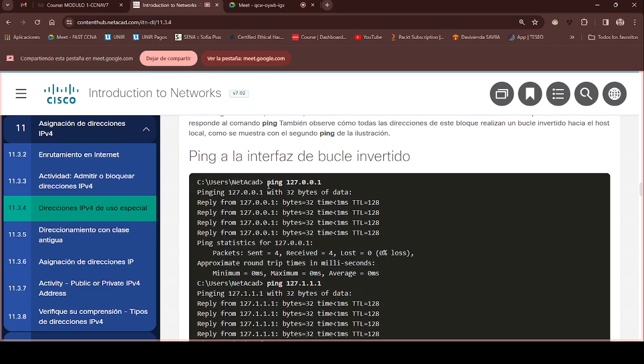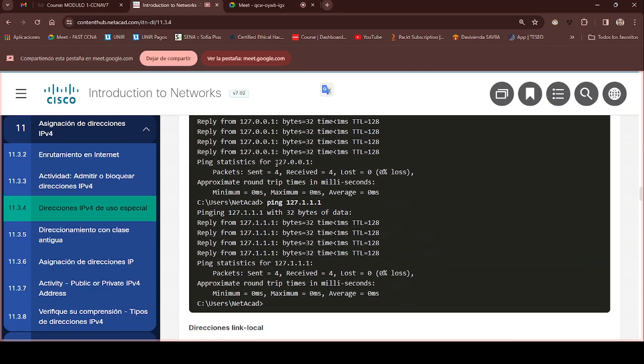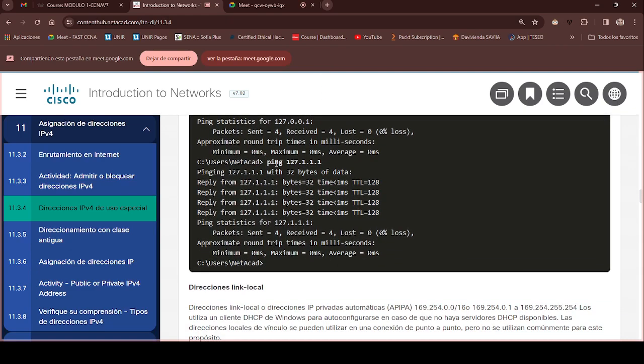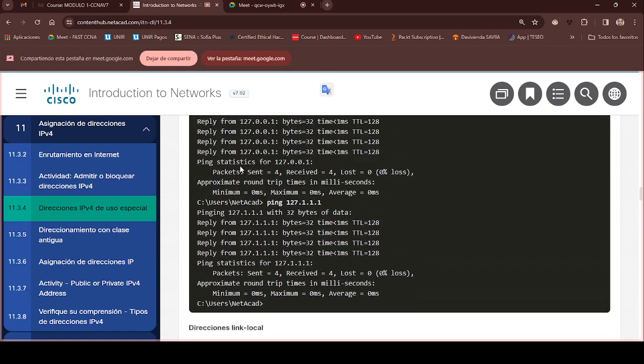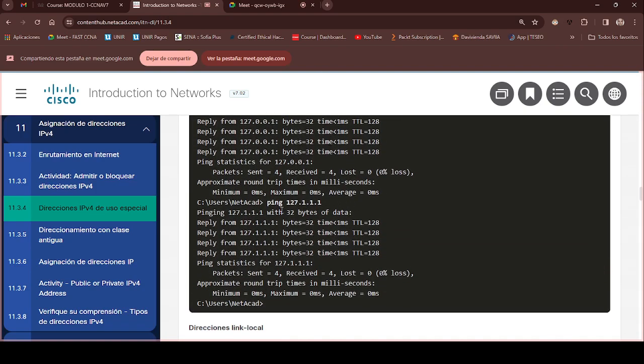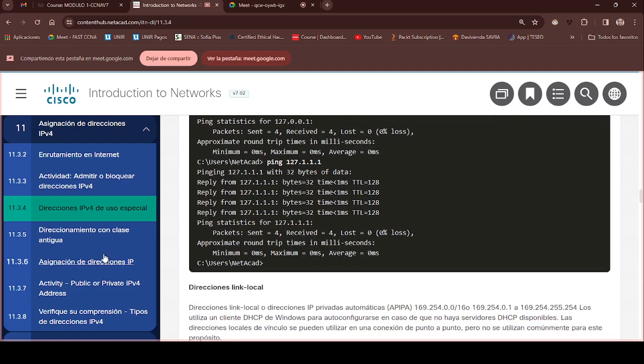Es exactamente lo mismo. Todo ese rango de direcciones representa a nuestro propio equipo. Como vemos aquí, se hace un ping a la 127.0.0.1 y luego a la 127.1.1.1. Es exactamente lo mismo, ya sea hacer ping o acceder a servicios locales en cualquiera de esas dos direcciones.